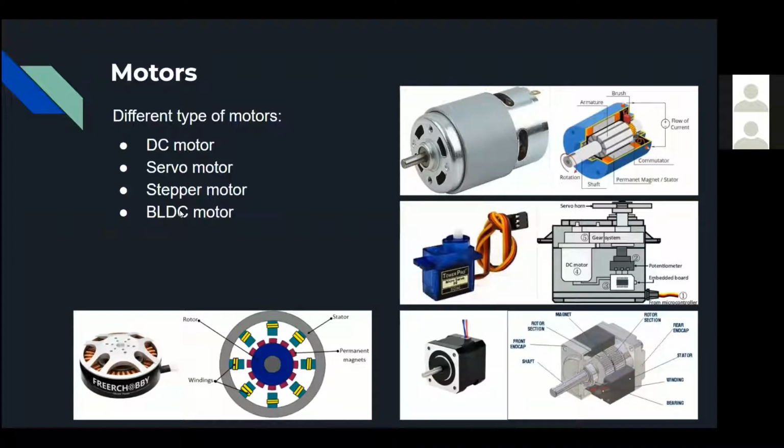The last type of motors is called BLDC, brushless DC motors. These motors are highly used in drone applications where your RPM should be high, a minimum of 10,000 RPM. But if you see the working principle of this BLDC motor, it is exactly opposite to the motors that you are seeing here, like a DC motor or stepper motor.